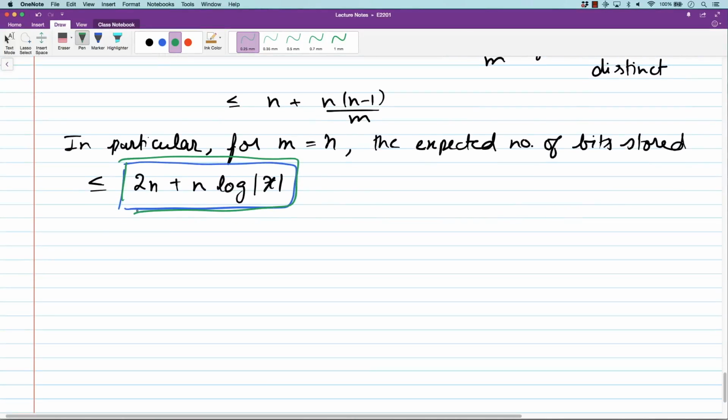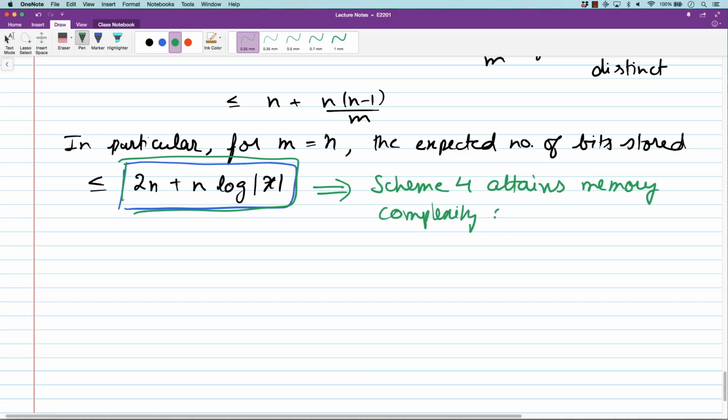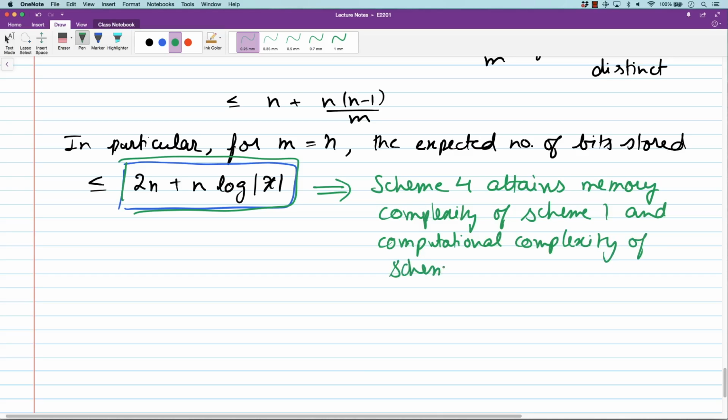Okay. So this scheme 4 attains memory requirement or memory complexity of scheme 1 and computational complexity of scheme 2.